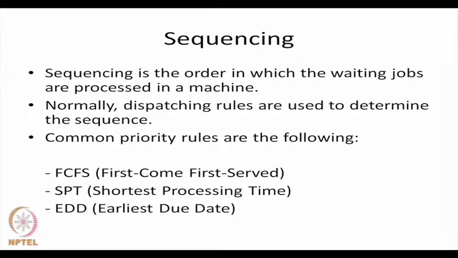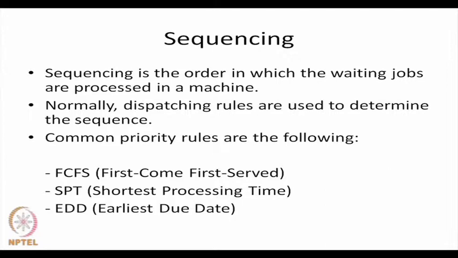That means, of the waiting jobs, whichever has the shortest time for processing, take that job first, or it could be the earliest due date. Normally, certain dates are promised to a customer and those due dates have to be maintained. Whichever due date is the earliest, take that due date.